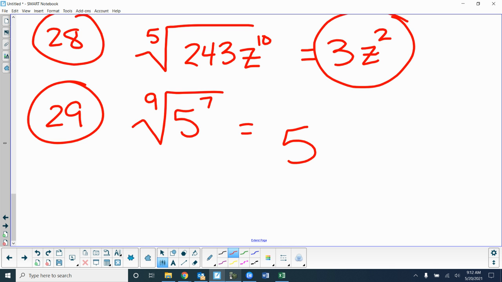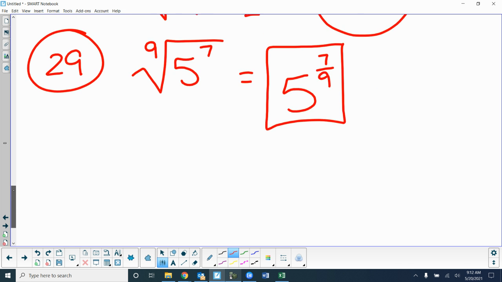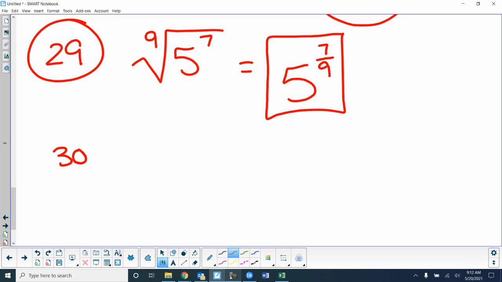What's the exponent? 7, very good. 7/9. Just like we did 10 divided by 5, right? We do 7 divided by 9. That's all you have to do. Just write it using fractions, which are called rational numbers, right? One more. So that's not too bad either, right?